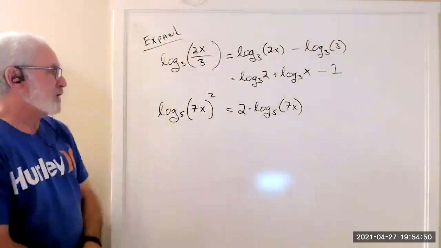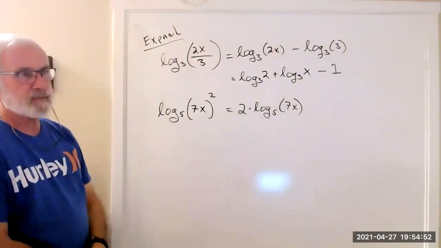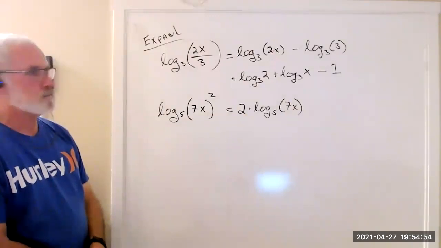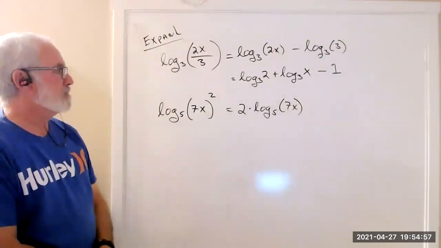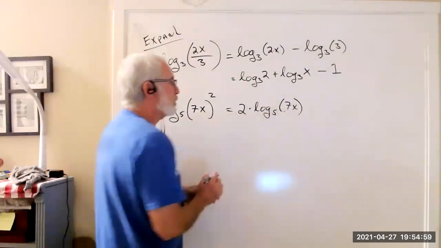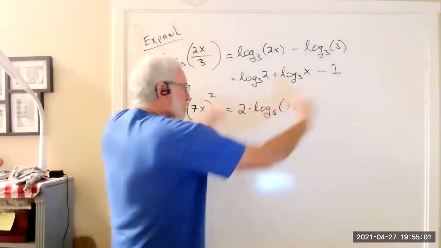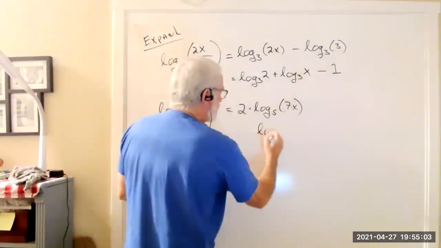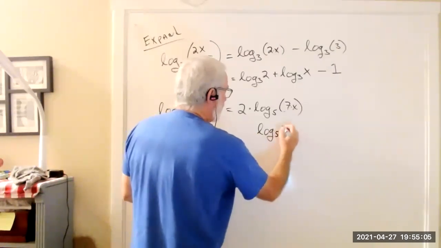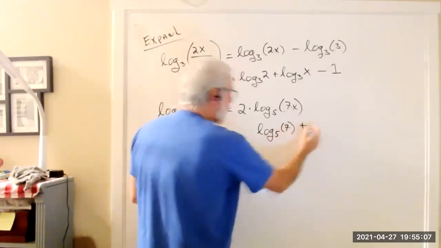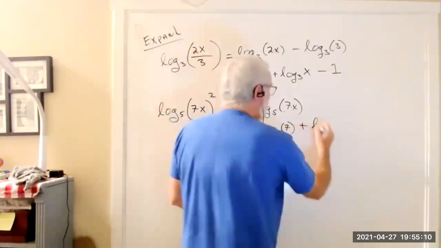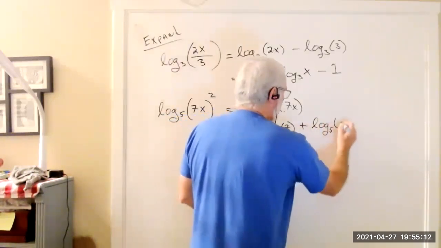All right, do you guys see another rule that I could apply? The m times n rule. Yeah, 2 things that are multiplying together can be blown apart. So this becomes the log base 5 of 7 added with the log base 5 of x.